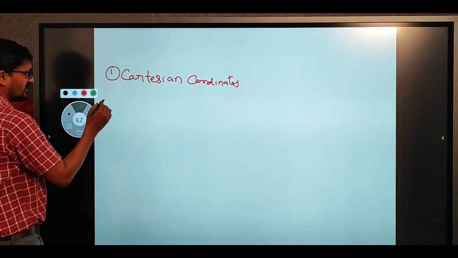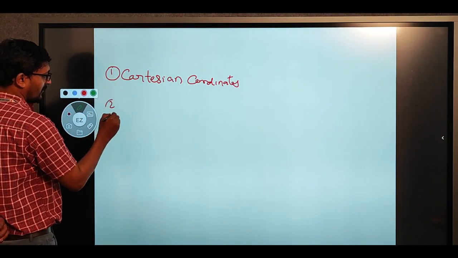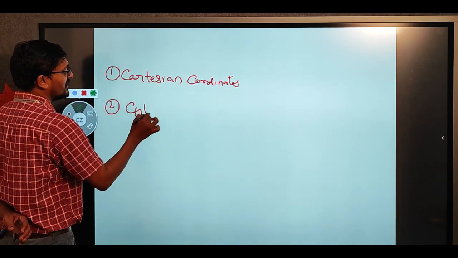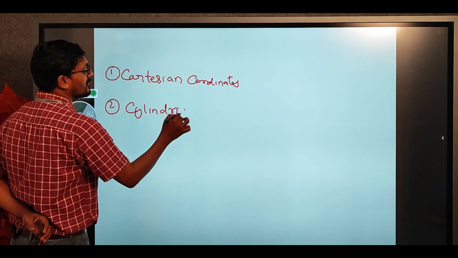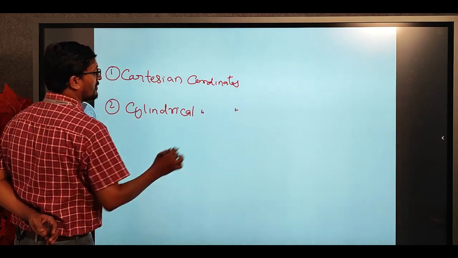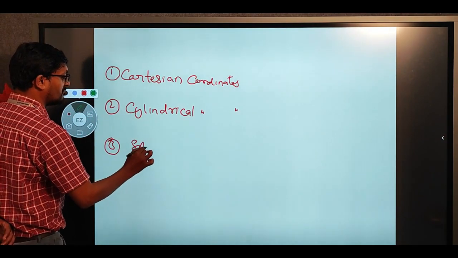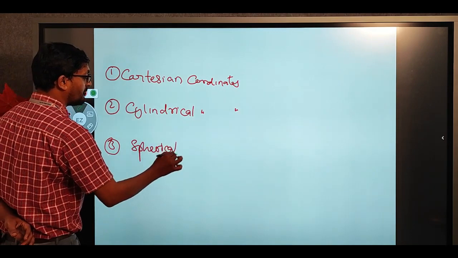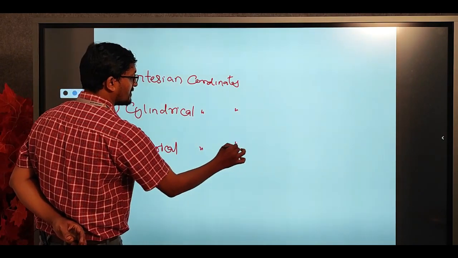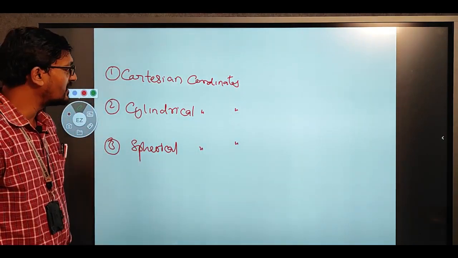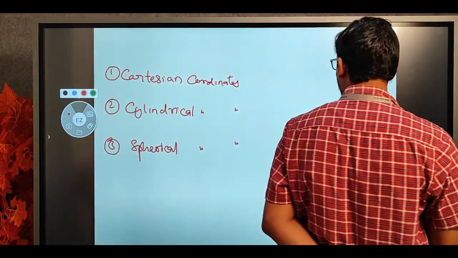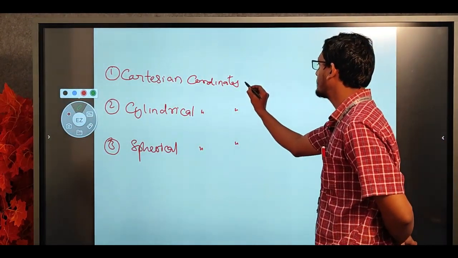The next one is cylindrical coordinates. And the next one is spherical coordinates. The examples for Cartesian coordinate geometries are rectangular cross sections.